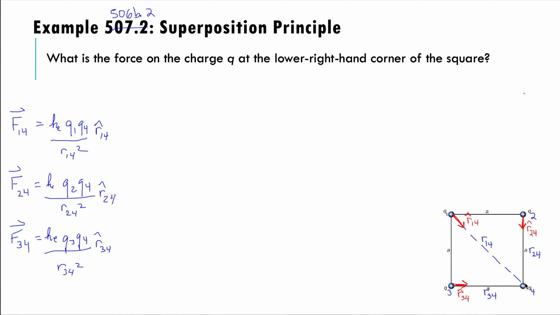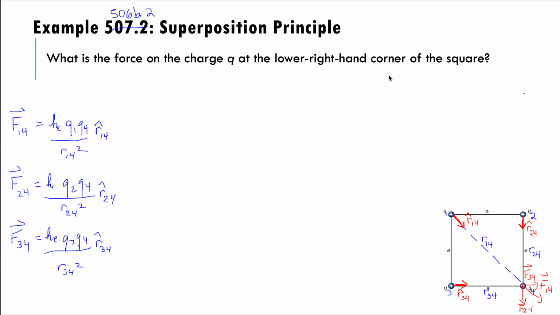It's going to experience a force away from Q1 called F14, a force away from Q2 called F24, and a force away from Q3, F34. So to find a net force on Q4, we have to add up these three forces.